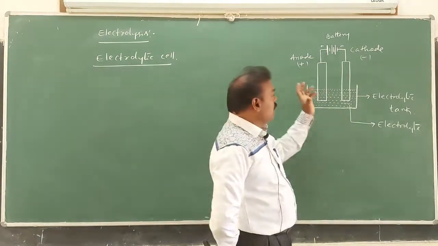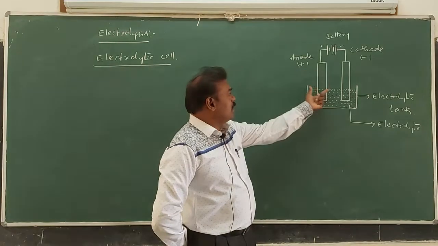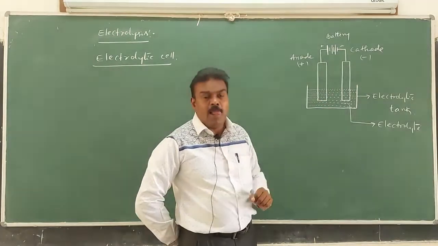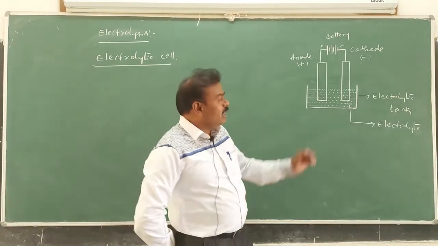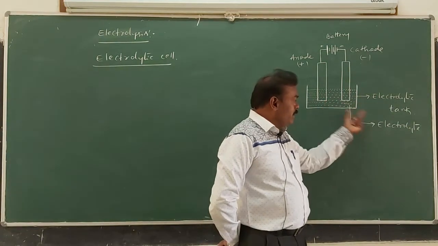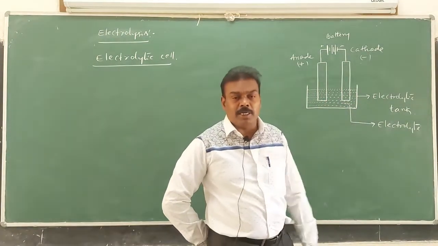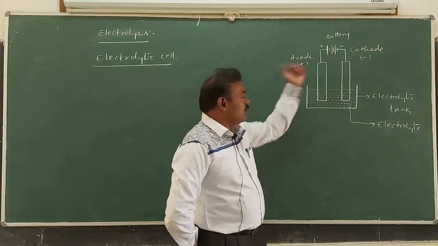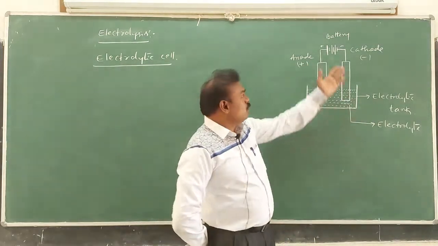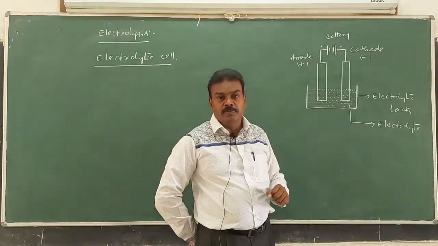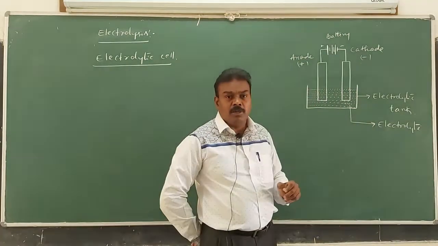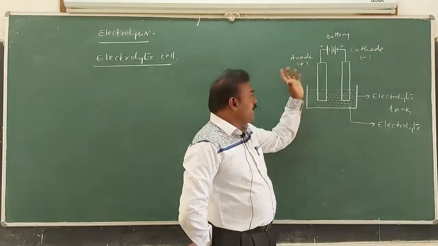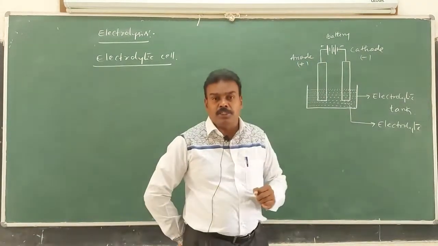In that diagram, this is the anode and one more electrode is called the cathode. In the electrolytic tank we take the respective electrolyte. And the source of energy, what is the source of energy? A battery. It may be a galvanic cell or a battery that we take as the source of energy.